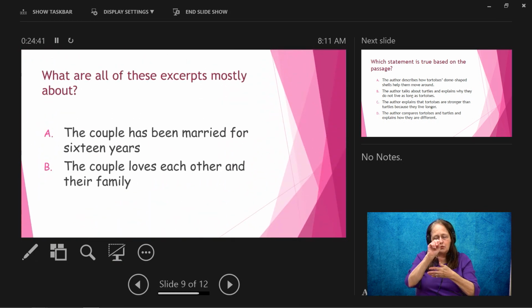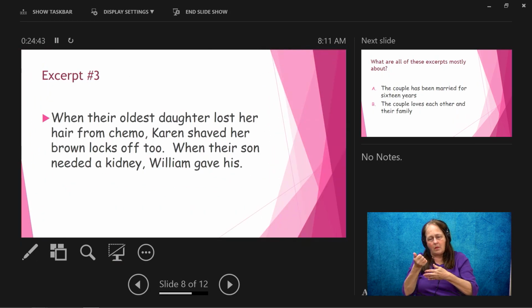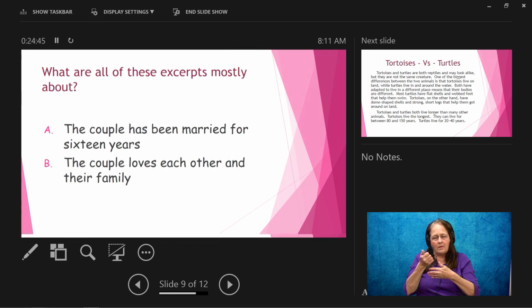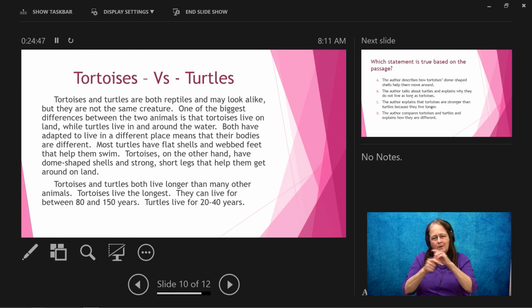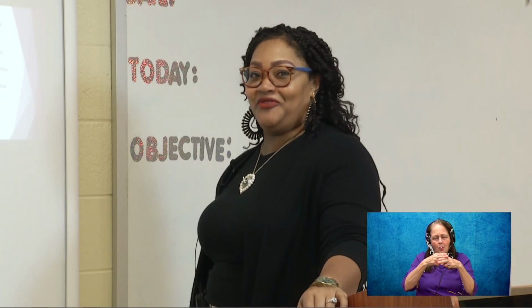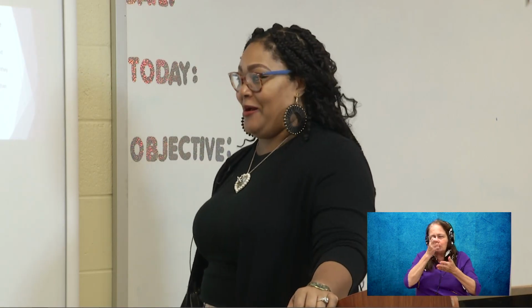Tortoises, on the other hand, have dome-shaped shells and strong, short legs that help them get around on land. Short legs, that's funny. I bet they move really fast. It's so cute just running around.